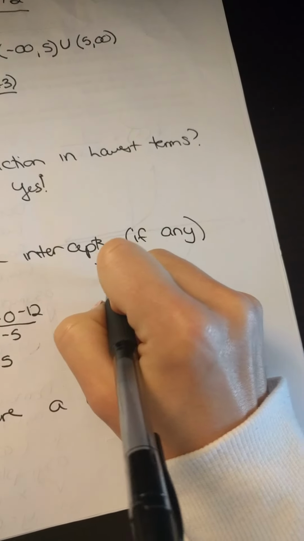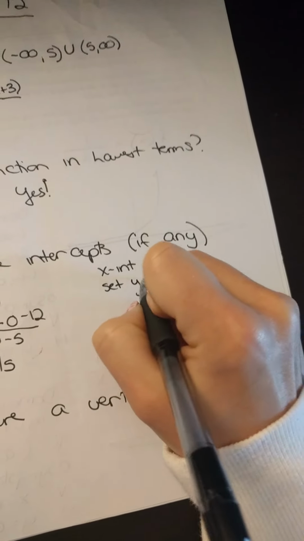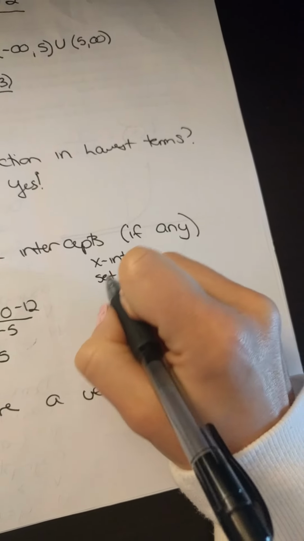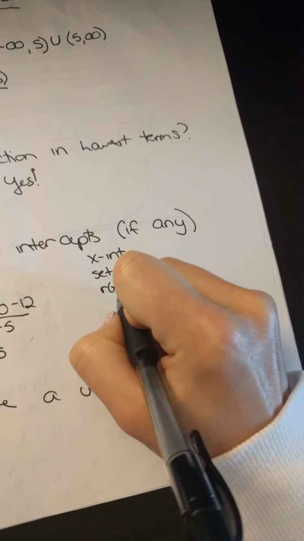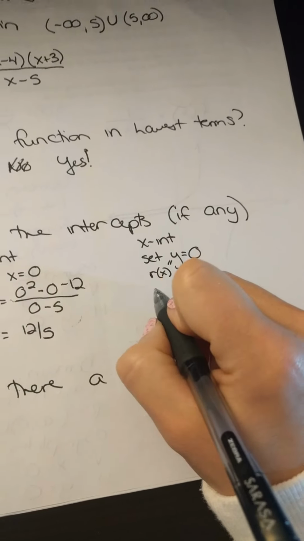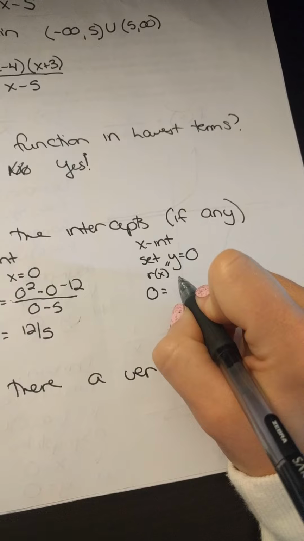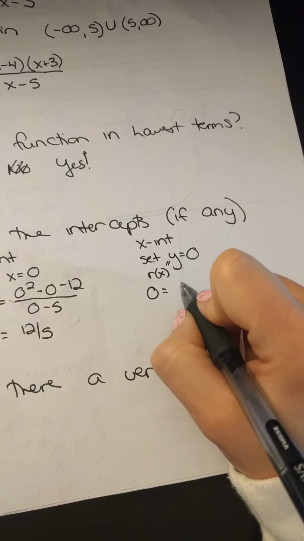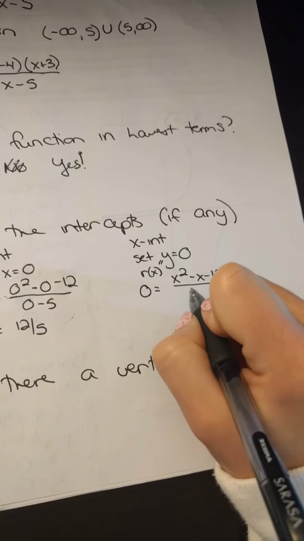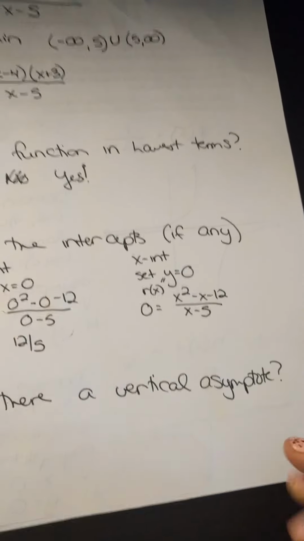Now as far as the x-intercepts go, we're going to set y equal to 0. Now remember, y is just another name for r of x. So we're taking 0 equals, I'm going to use the original one, x squared minus x minus 12 over x minus 5.